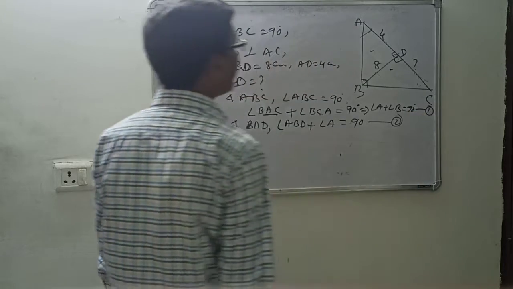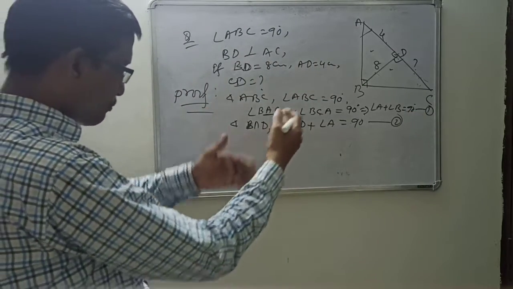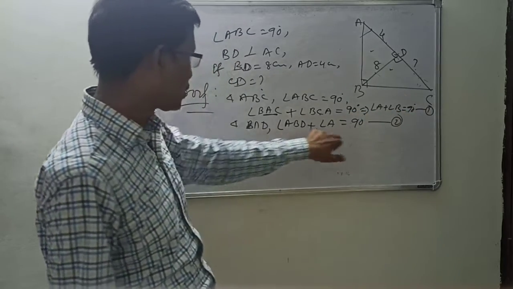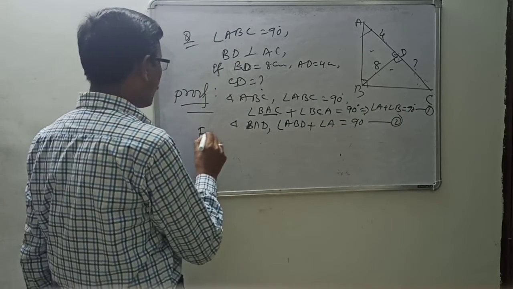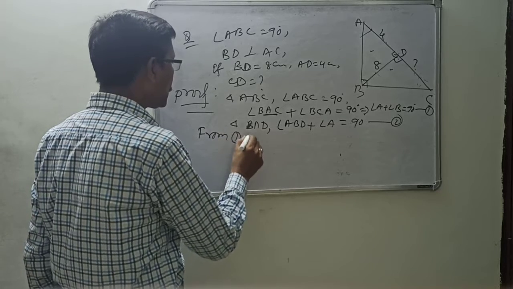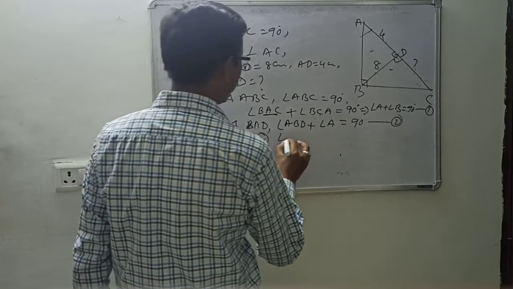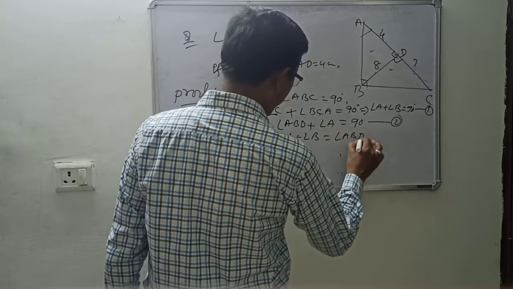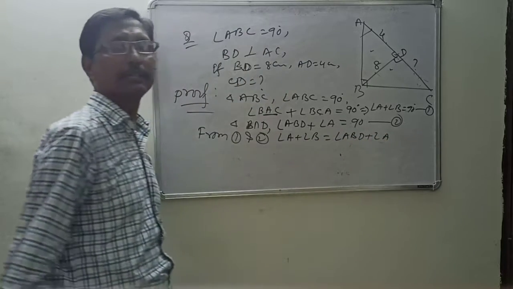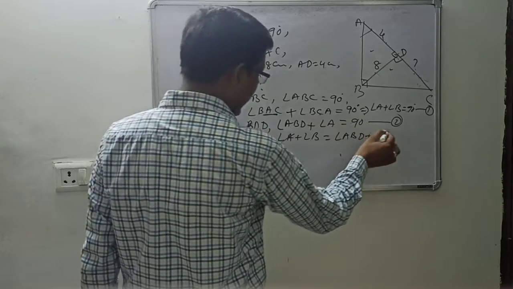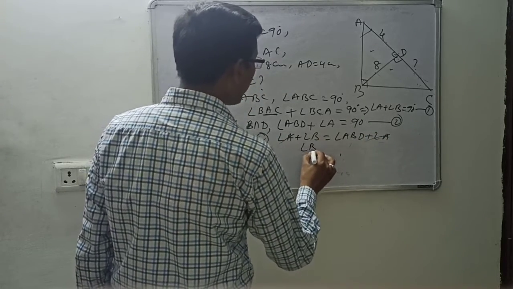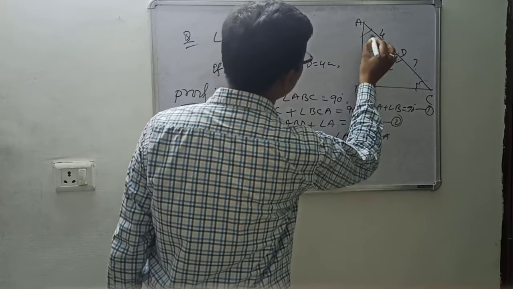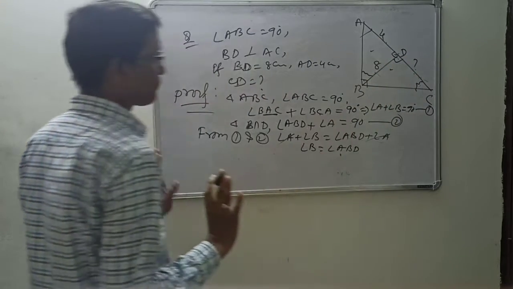Suppose this is equation 1, and that is equation 2. So from 1 and 2, what we are getting: A plus B is equal to ABD plus angle A. So angle A is removed from both sides. So angle B is equal to angle ABD.